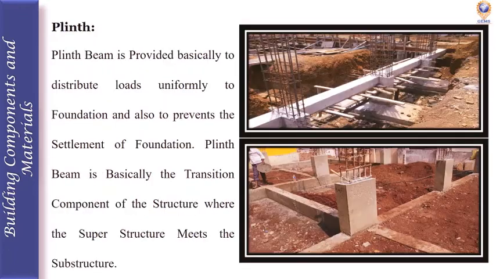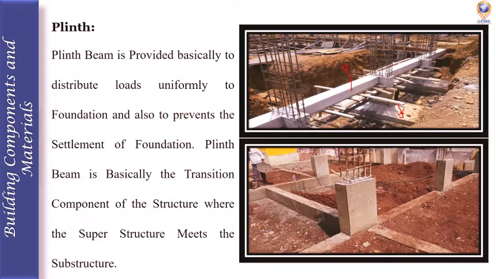And the plinth beam. This plinth beam is basically provided to distribute the load uniformly to the foundation. See here, the foundation is completely below the ground. So this is a foundation, this is a plinth.